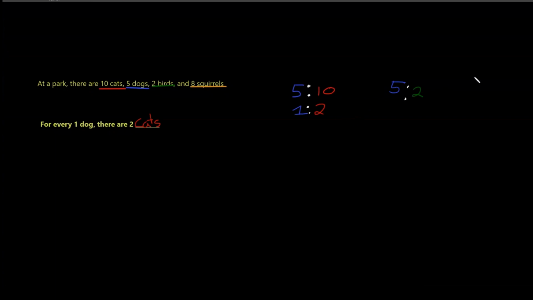So for every 5 dogs, there are 8 squirrels. So we can reassure ourselves that for every one dog, there are two cats, and this is the only ratio that is equal to what the problem is asking us.